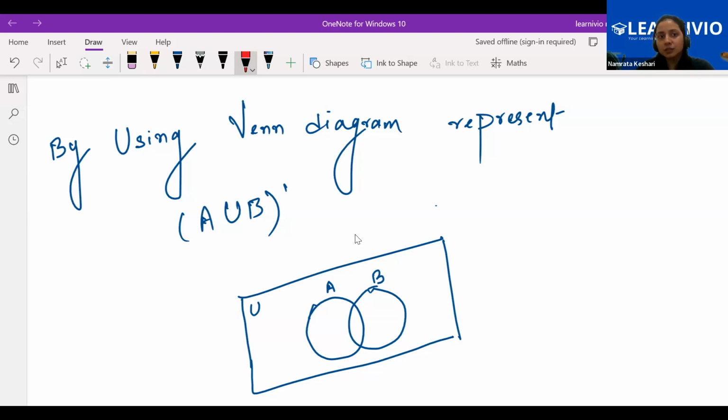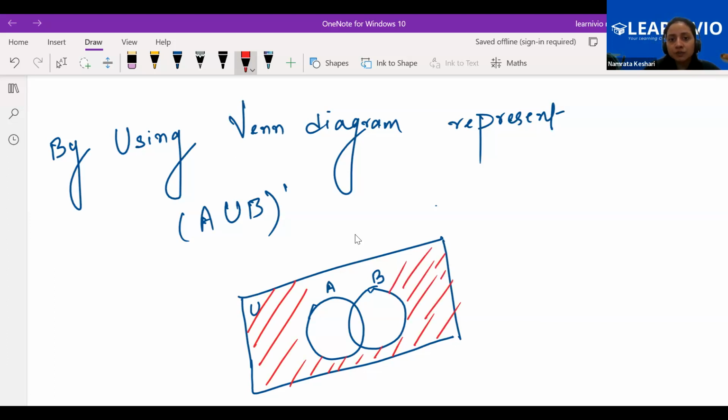Ali, the whole box we have to shade except the circle. Is it so? That is A union B's complement. Yes or no? That's what Naufal said. But Alina and Ali, I am waiting for your response. What you are thinking? Any idea?